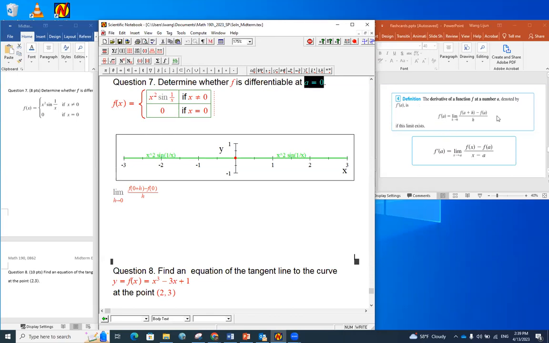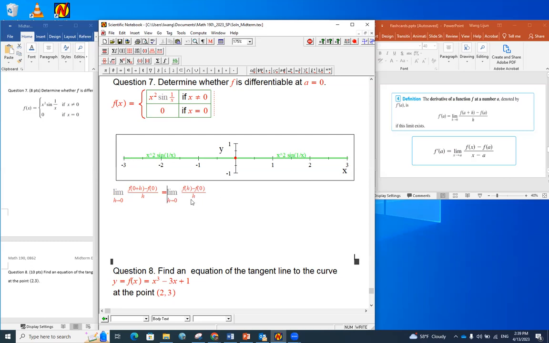So in the definition, a will be replaced by 0. h is approaching 0, but h is not 0. Since it's 0 plus h, that is h. So we ended up with a simpler version, and the rest is just plugging in.